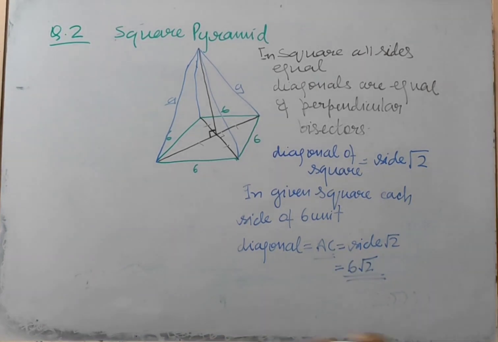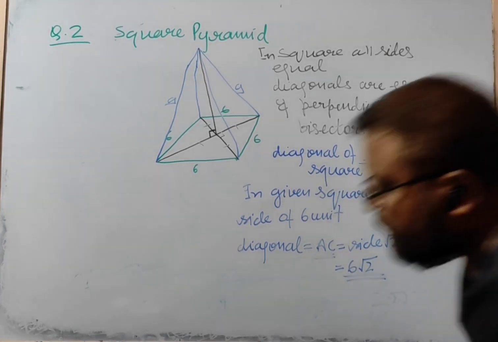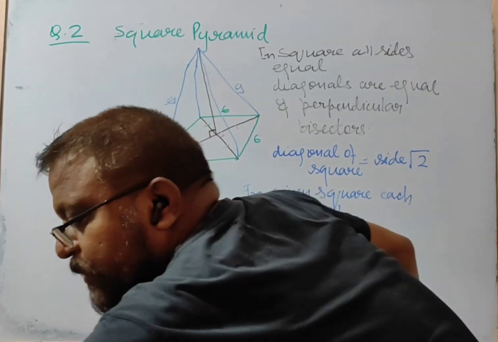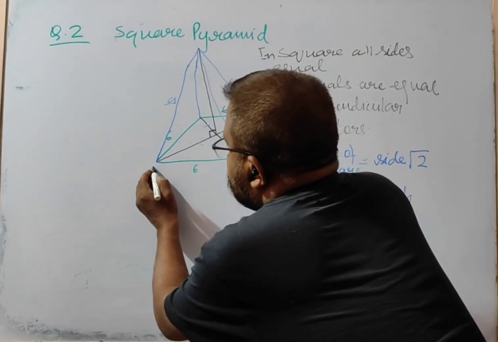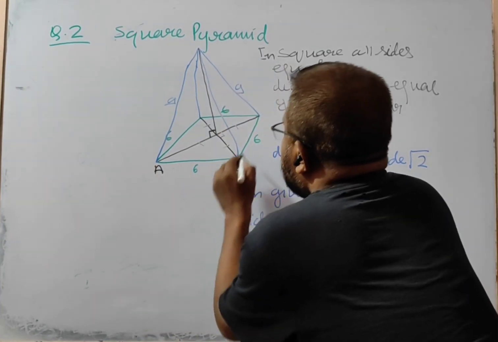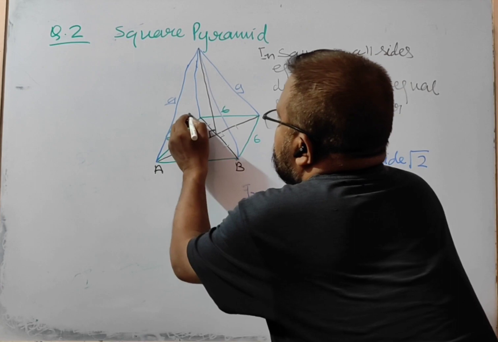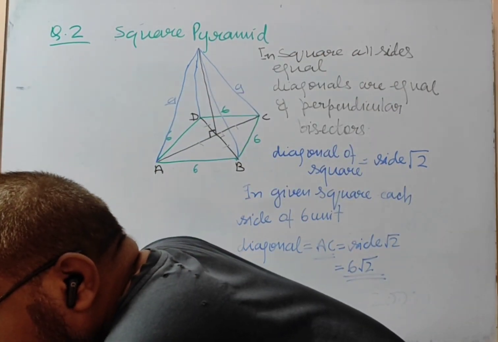This was your first question. Sorry, I forgot to put it like that. This is A, this is B, this is C, this is D, right?